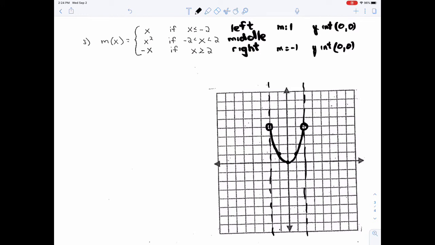Okay, so we're going to go to 0, 0, fine, and then we're going to go to a slope of 1. Okay, well, what's the slope of 1? Up 1 and over 1, or down 1 and over 1. Either way you look at it, you're going to end up, and again, I'm going to draw something that you shouldn't be drawing, but remember, this is the left side.